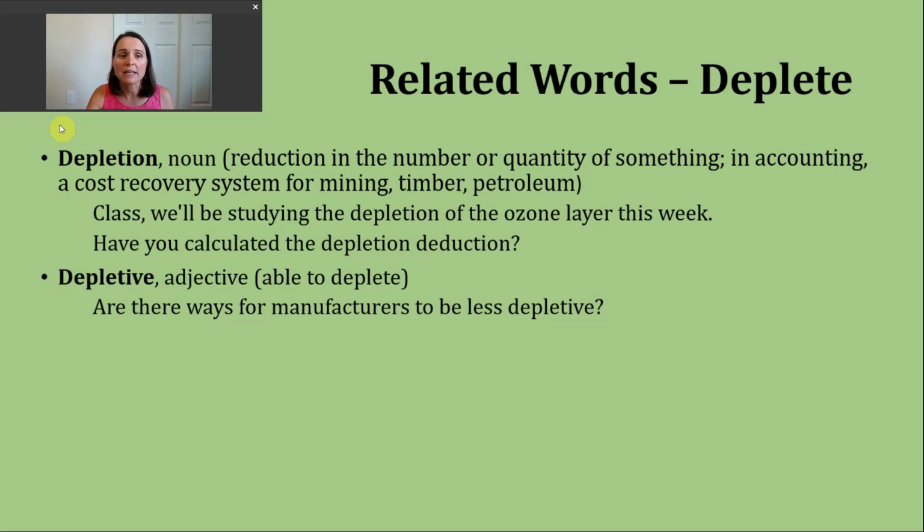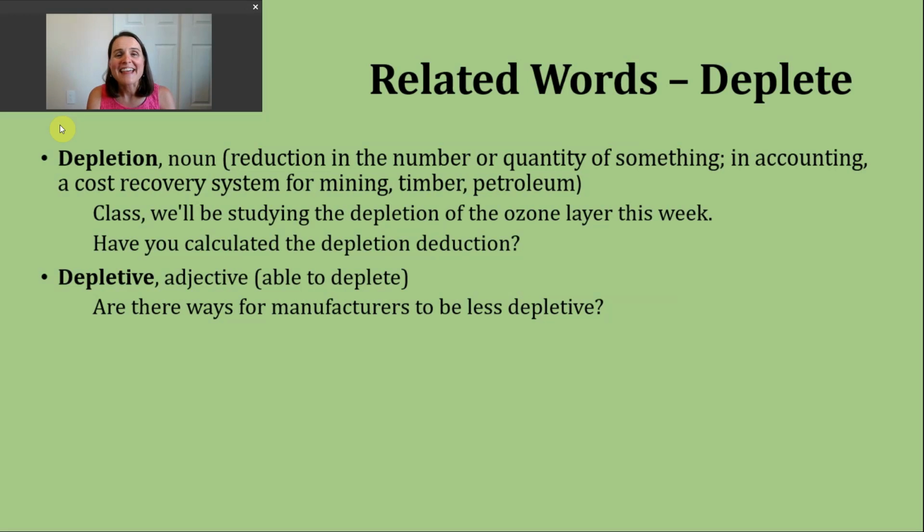An example of this could be, class will be studying the depletion of the ozone layer this week. So again, maybe this is a sentence you hear a teacher or professor say to help students understand the objectives or goals for a particular class. So we're going to look at the reduction in the ozone layer.